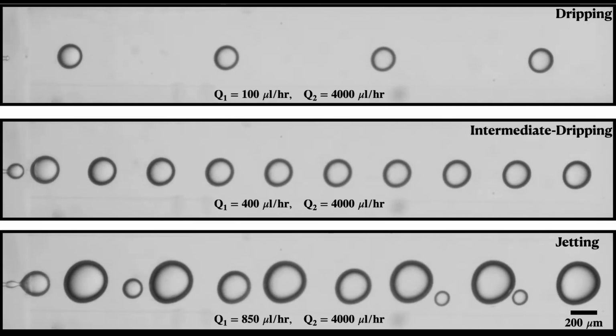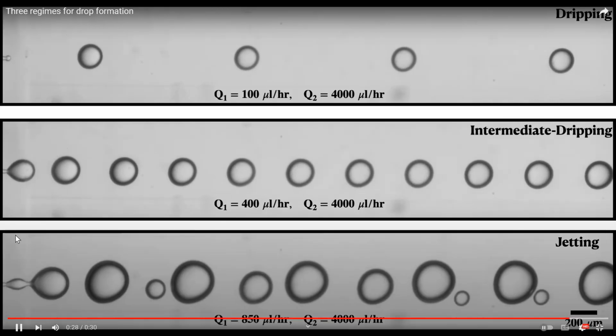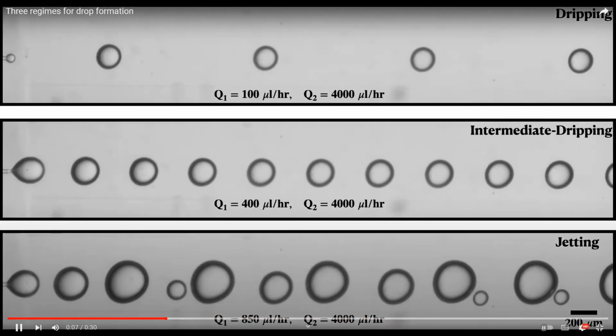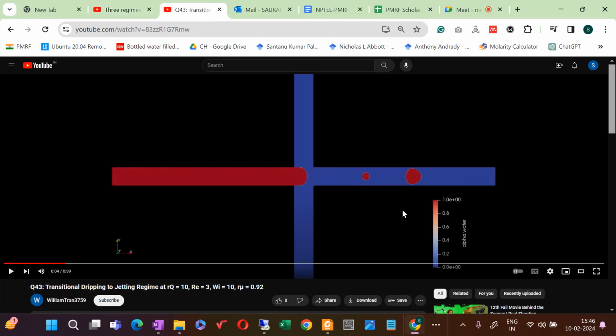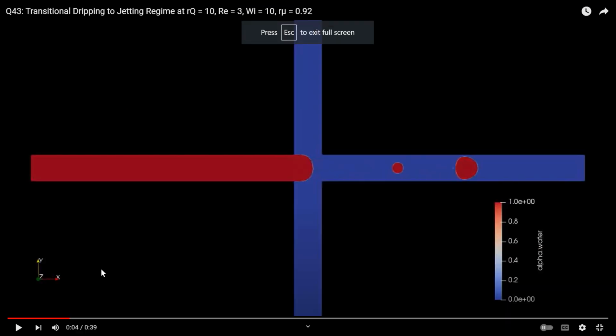Here you see this jet is coming up, and if this has been done to track in the computational frame, see how this has been done. This is a T junction, though that was in the co-flow device, but if it happens in the T junction, the numerical simulation predicted the same.